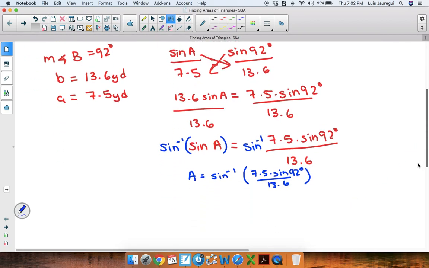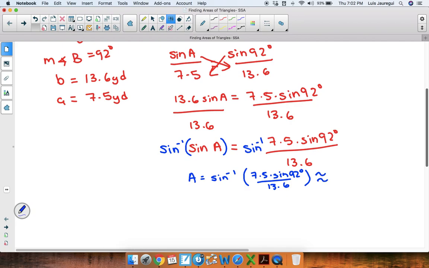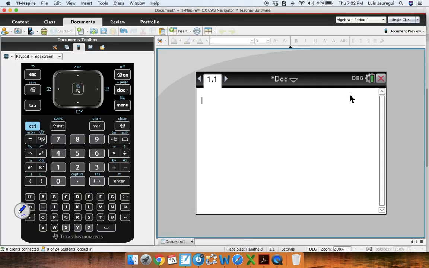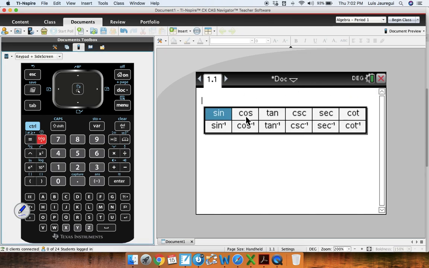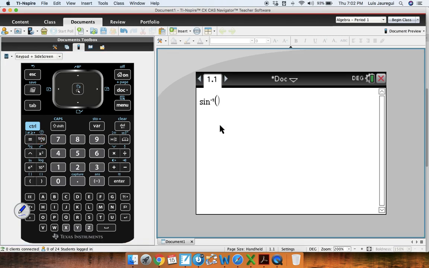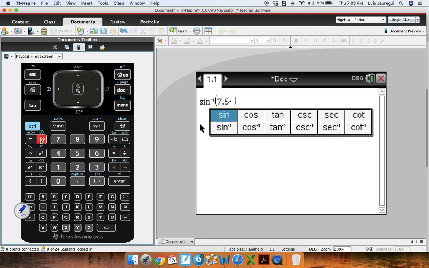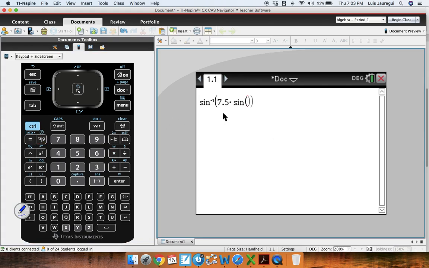So let's get an approximate value for this one using our technology. For that, we're going to use a TI Inspire here. Just make sure that you are on degree mode. Notice here we're on degree mode, so we can take the sine inverse. Let's find sine inverse of 7.5 times sine of 92 degrees, close the parenthesis, divided by 13.6.